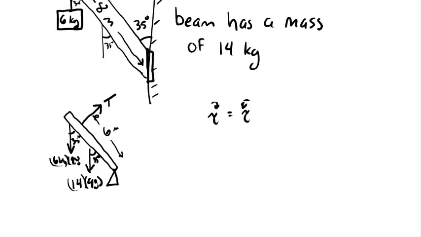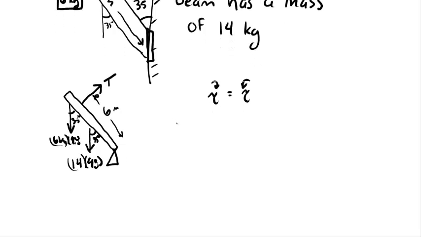So clockwise torque equals counterclockwise torque, and I'm saying going clockwise is the tension from that cable. Tension times, hang on a second, there is no angle, so let's get rid of the sine there. Tension times 6 meters to the pivot, and that's going to be equal to counterclockwise.